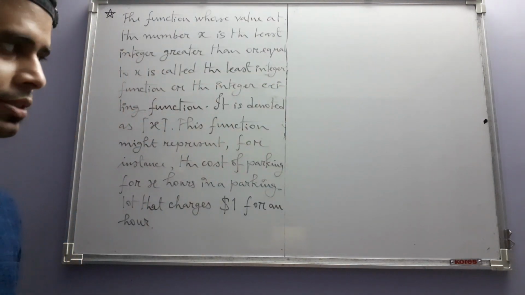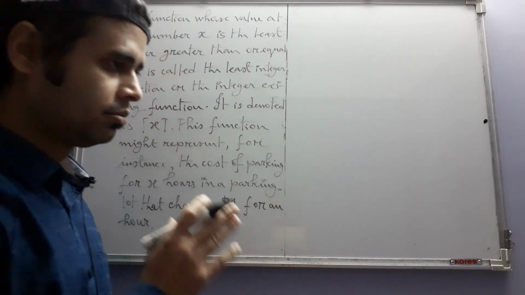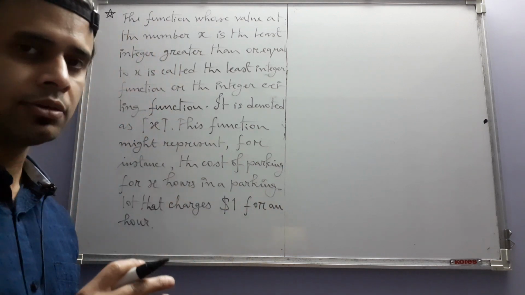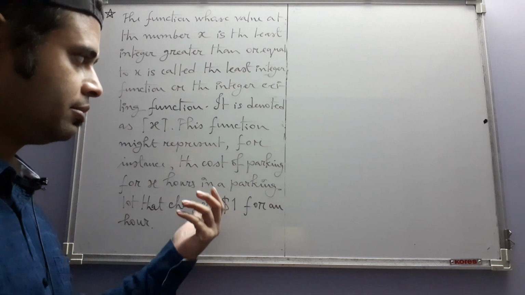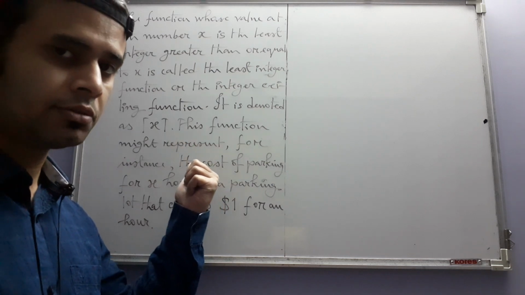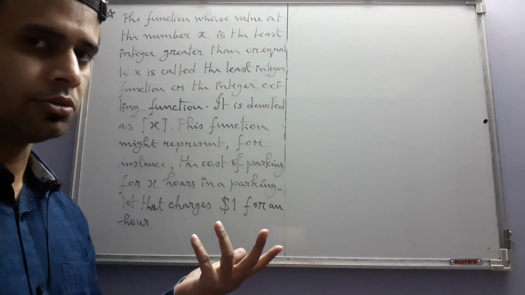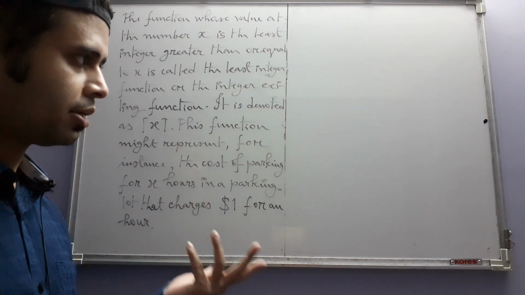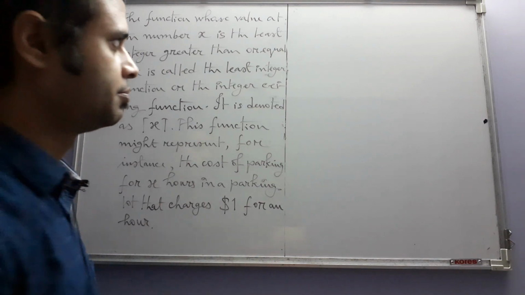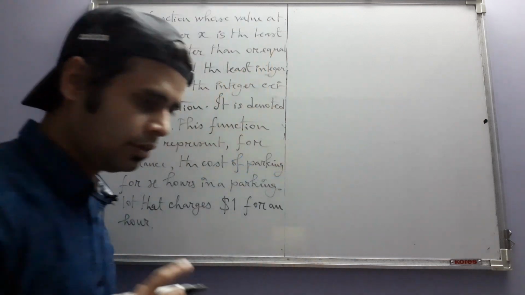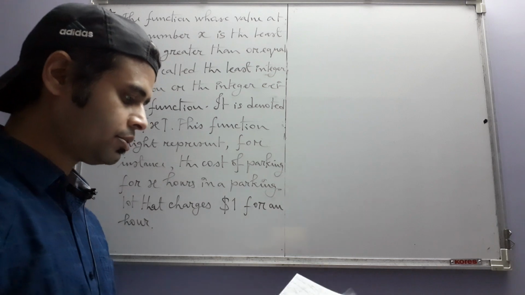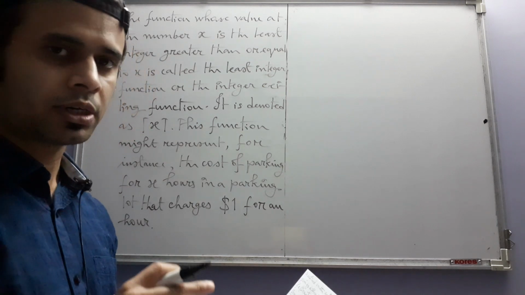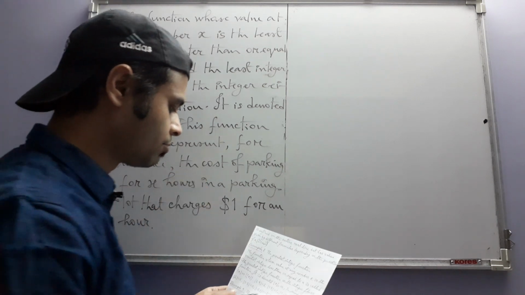Instead, let us just find the functional values at some points, and based on how we drew the graph of the integer floor function, I leave it to you. You draw the graph of the ceiling function. Instead, let us calculate the ceiling values of precisely those numbers for which we found the floor values.